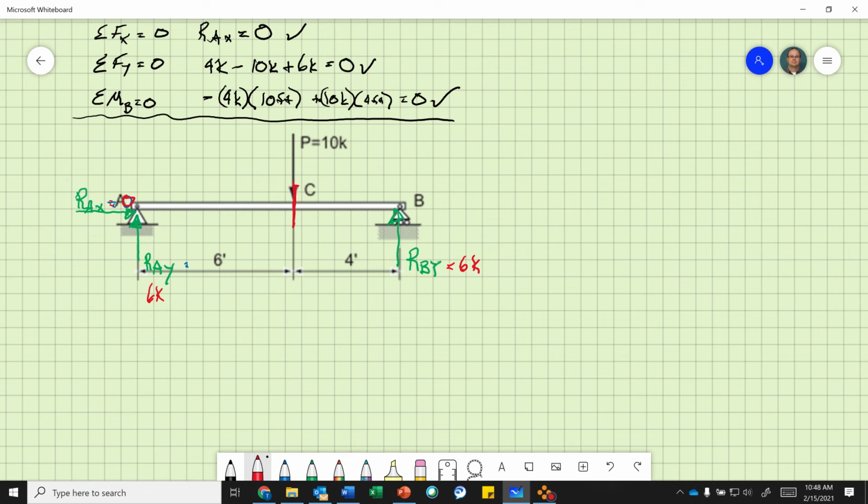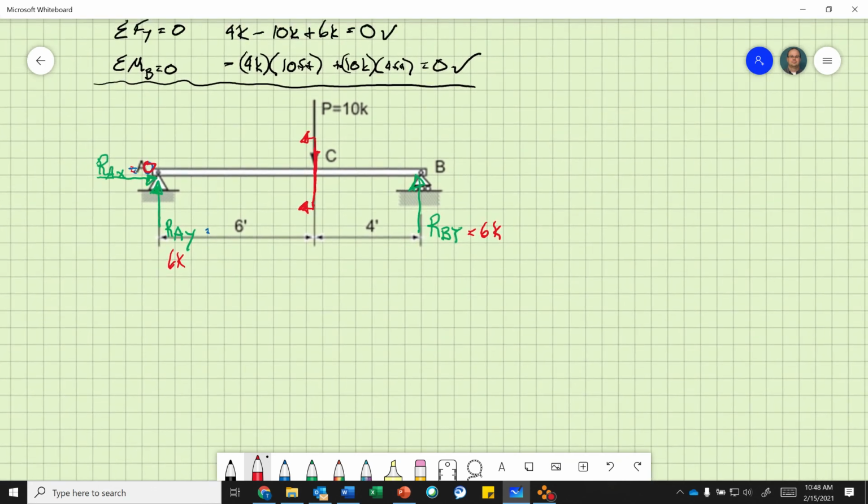So what we're going to do is we're actually going to cut the beam, okay, and we're going to go from the left side right at 6 feet. Okay. So, step 1, free body diagram of the cut.